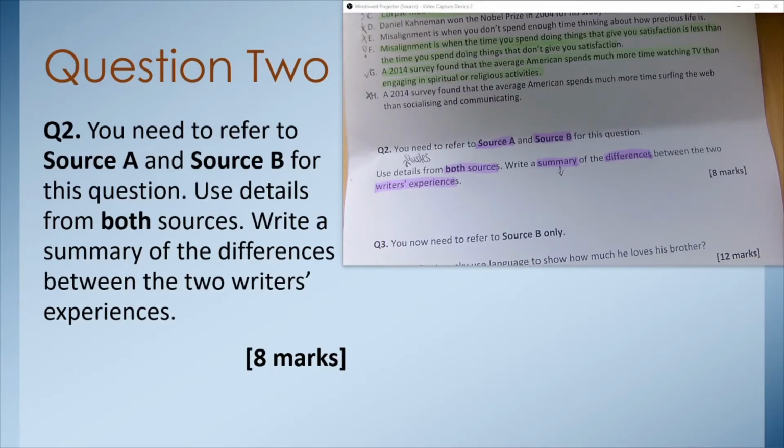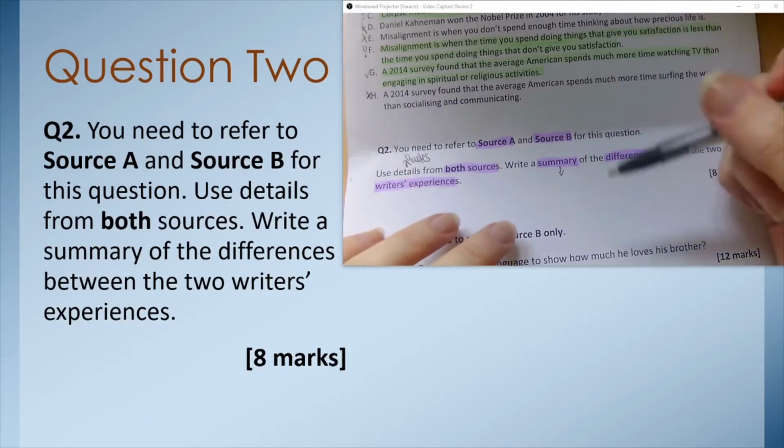So you're trying to pick out and provide a simple sort of gist of what's being said. But in this exam, for this question, you actually need to do a little bit more than that. You can't just summarize the details. You actually have to make some inferences as well.